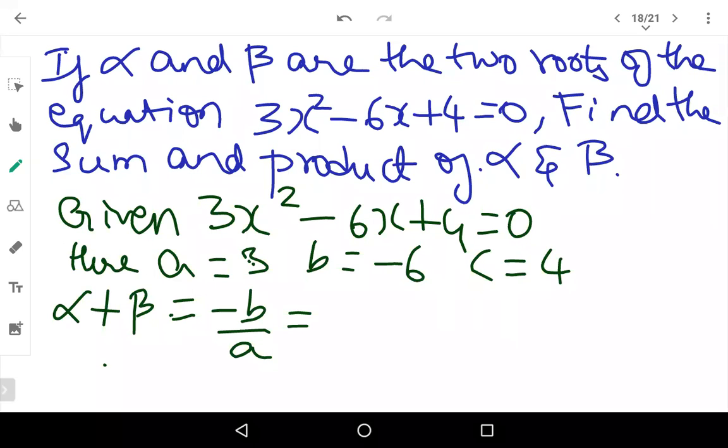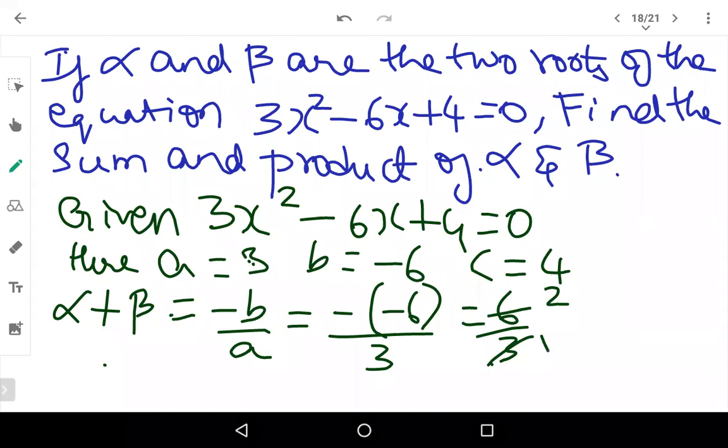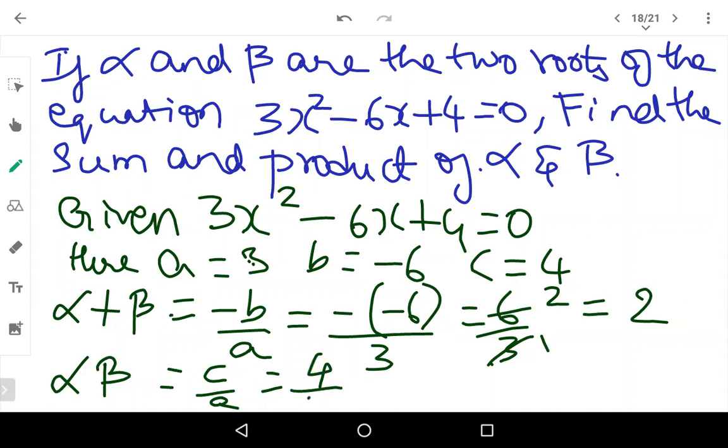What is b? Minus of minus 6 by a, which is 3. So 6 by 3, 3 twos are 6. So alpha plus beta is 2 and alpha into beta is c by a. So c is 4, so it is 4 by 3.